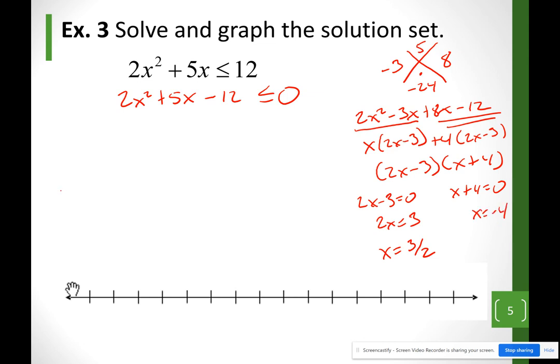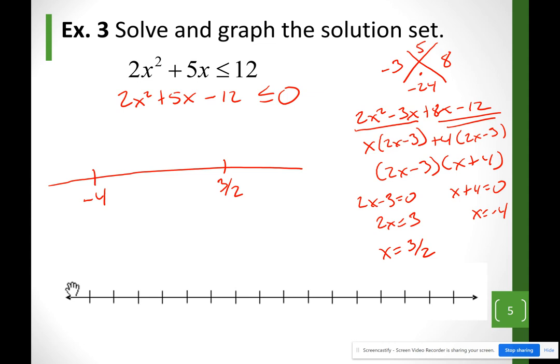All right, so my number line. Let's put them in order. Negative 4 comes first, and 3/2 comes second. So anything less than negative 4, let's think of negative 5.